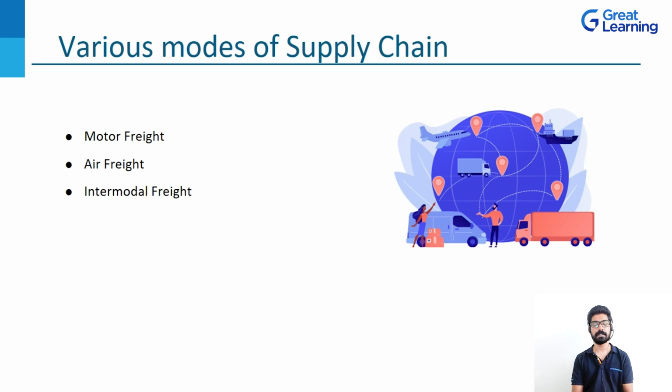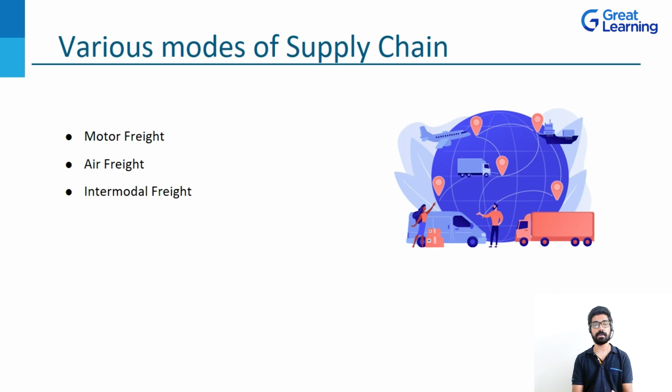Coming to air freight, similarly, if the item is shipped from one location to another through the mode of air, through flights, air cargo, or even business airlines, then it can be considered air freight. Lastly, coming to intermodal freight, if you are trying to accommodate various modes in order to deliver the item from the original location to a particular location, then it can be classified as intermodal freight.